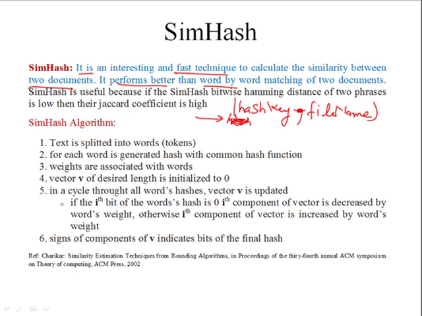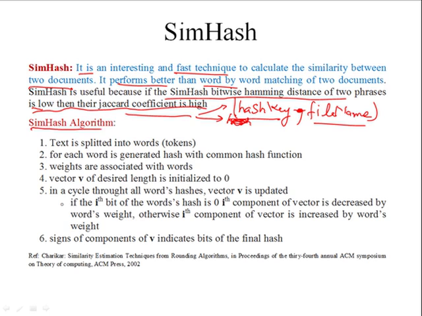So instead of comparing the whole documents, just by comparing the hash keys, it will work faster. SimHash is also useful because it uses the bitwise Hamming distance of two phrases to calculate the similarity between them. If it's low, then the Jaccard correlation coefficient is high, meaning the documents are more similar.